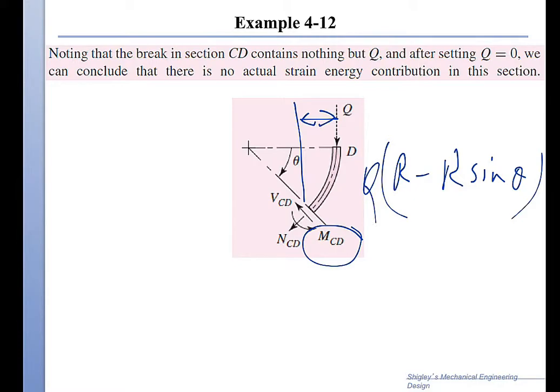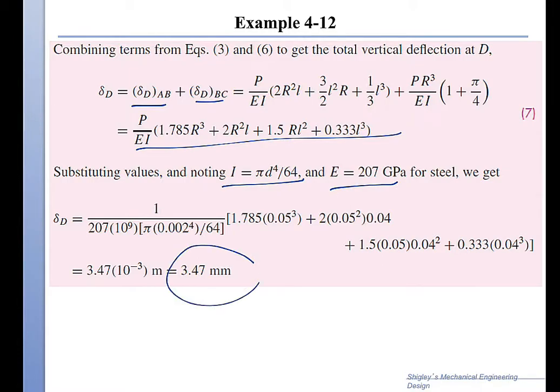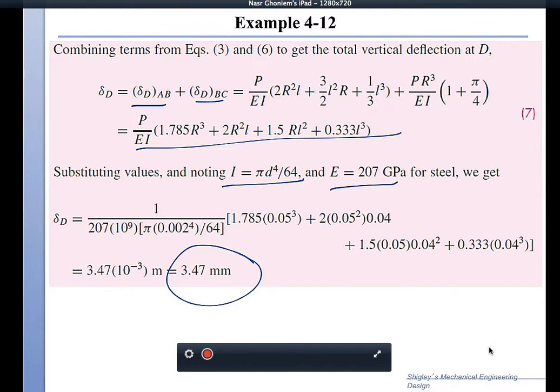Okay, so this is Q. But when we set Q equals 0, then there will be no actual strain energy contribution in this section, because there's no other force, and therefore we conclude that the deflection due to CD is equal to 0. And then finally we can put in the 2 deflections that we found, substitute the moment of inertia, the elastic modulus, and then find the overall deflection of the beam.